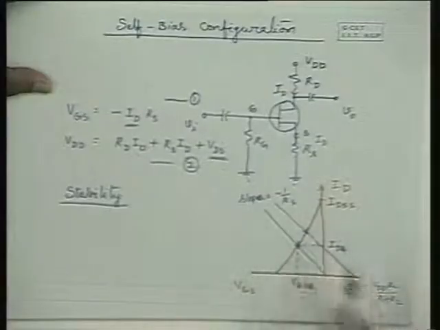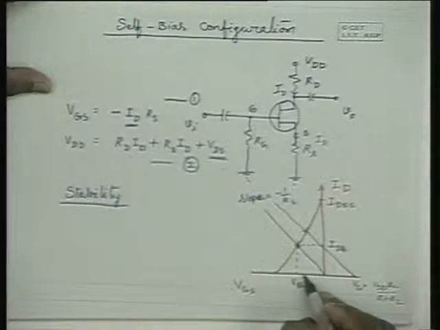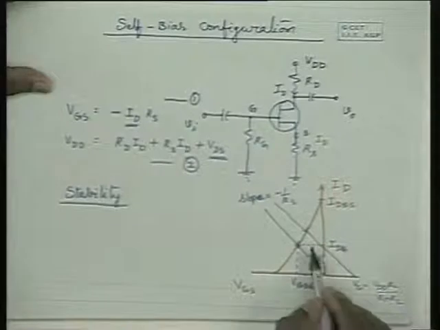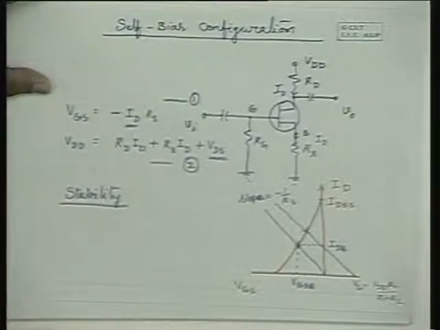So what is the additional advantage now? Now in this case this is the Q point. So this is the particular VGS Q it gives. Definitely it is going to be less than the previous one, because the previous one was totally reverse biased by that ID and RS. Now you are elevating the potential of the gate by that VG amount.